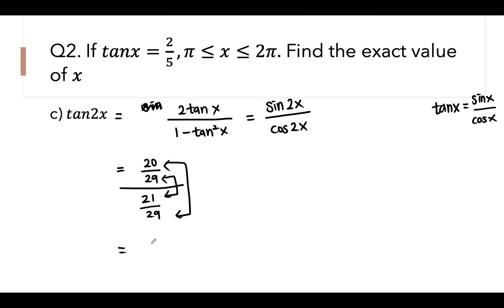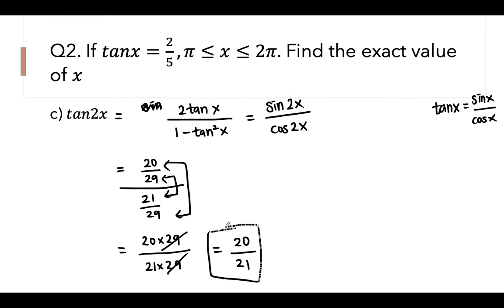It's going to be 20 times 29, the outside goes in the numerator, over 21 times 29, the inside is the denominator, and 29 cancels, so you are left with 20 over 21. So that will be your exact value if I were to evaluate tangent 2x. Okay, so that is the final expression of the ratio for the double angle formula.